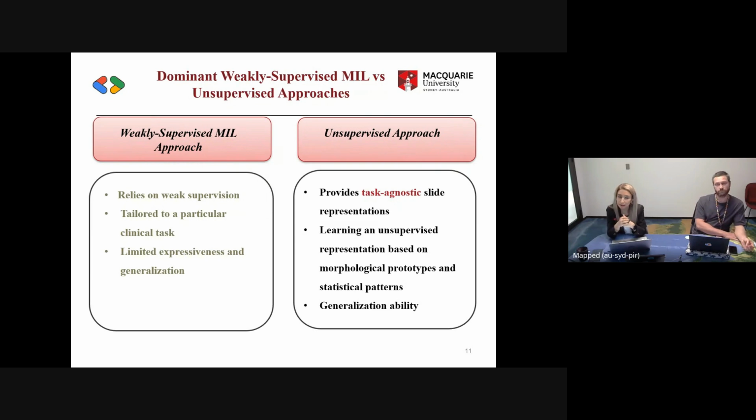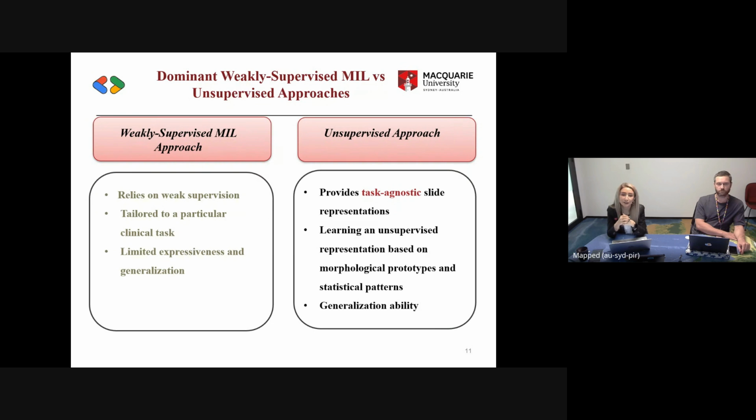On the other hand, when we are thinking about unsupervised approaches, they provide task-agnostic slide representations. So no matter what the task is, diagnosis or prognosis, we can use those slide representations in any kind of downstream task.